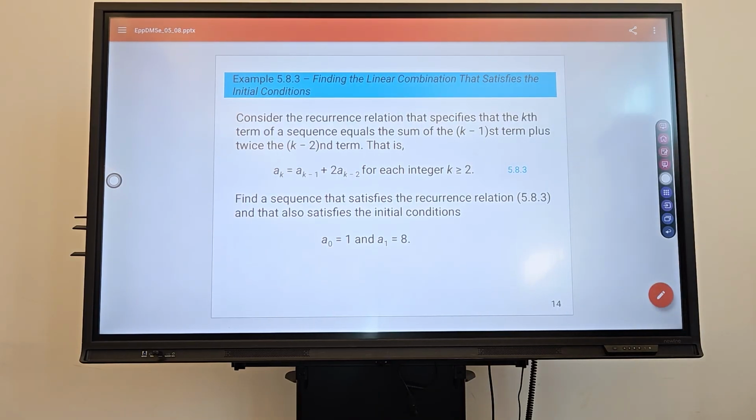Consider the recurrence relation that specifies that the kth term of the sequence equals the sum of the k minus 1 term plus twice the k minus 2 term, which we looked at earlier. Find a sequence that satisfies the recurrence relation and also satisfies the initial conditions a sub 0 equals 1 and a sub 1 equals 8.